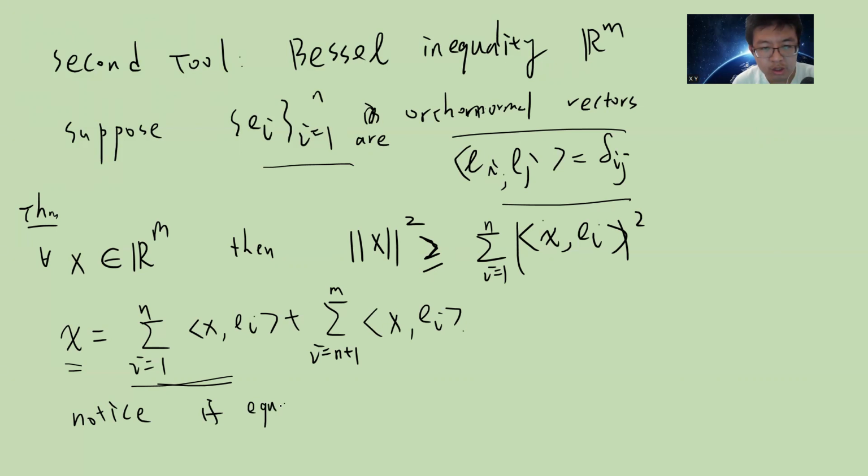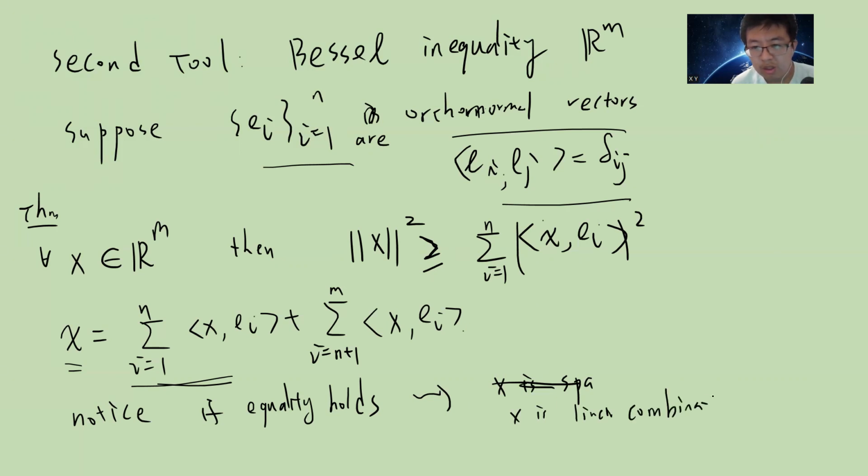means that x is a linear combination of e_i, i from 1 to n.